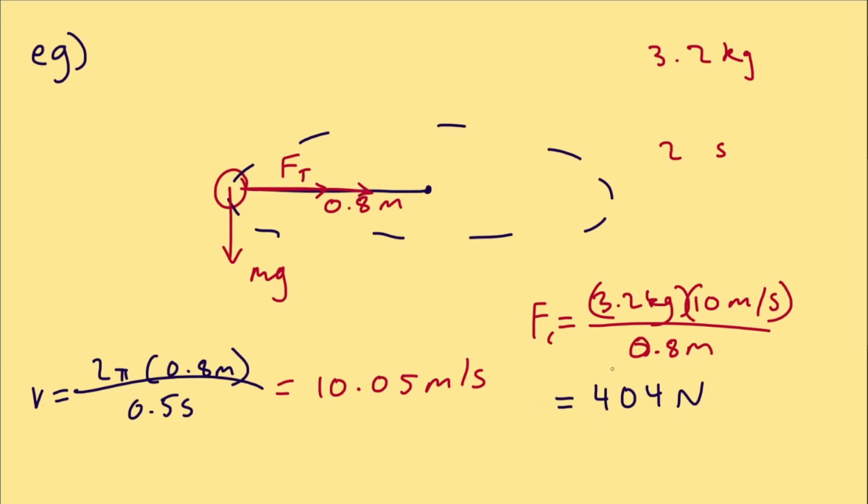Now there's a second approach you could have taken. This centripetal force formula, mv squared over r, you can write it as m times centripetal acceleration. It's the same thing. So if you wanted to find centripetal acceleration separately, like this, then plug it in, that would give you the same answer.